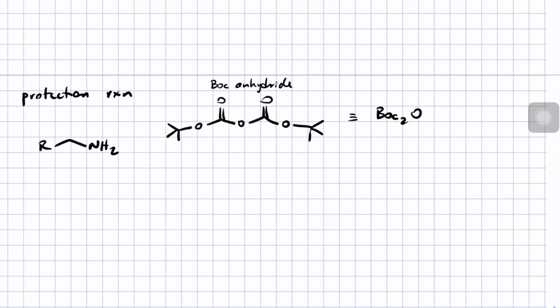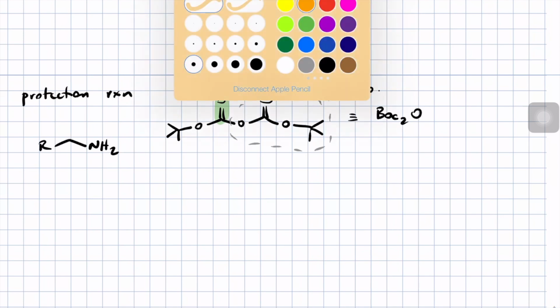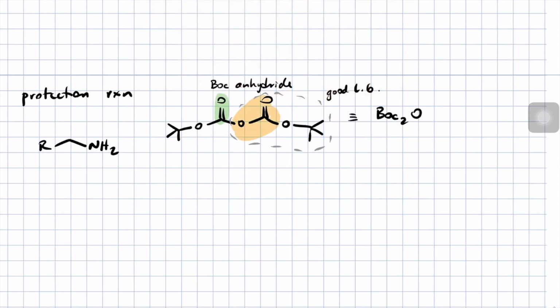Basically, you've got a carbonyl carbon here, and you've got what you may not recognize as a good leaving group here. And I'll show you why that's a good leaving group in just a second.